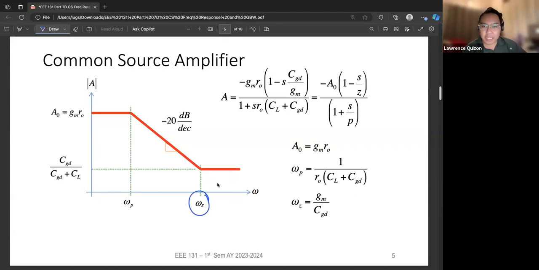Our zero, again, for reasons discussed in the previous video lecture, would be farther along than the pole. So we start at A0, which is gm R_out, and then we go down at the pole frequency, which is 1 over R_out times CL plus CGD, but typically CL is larger than CGD.